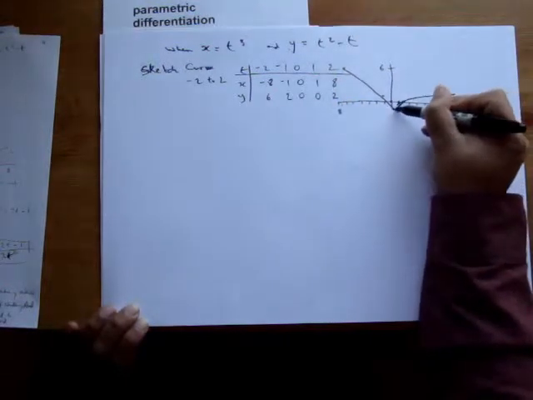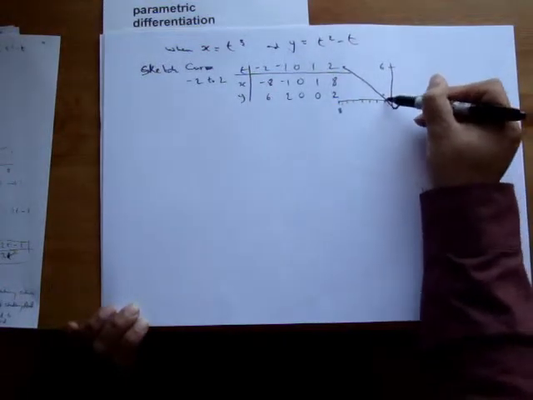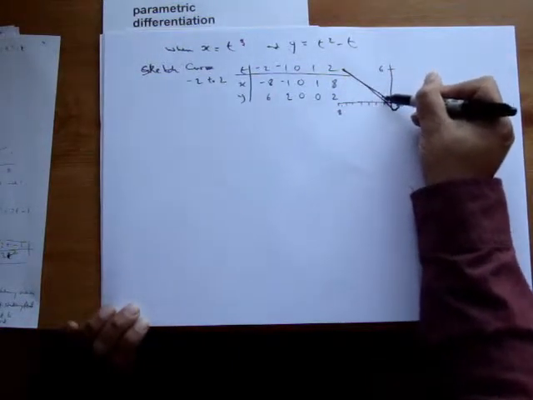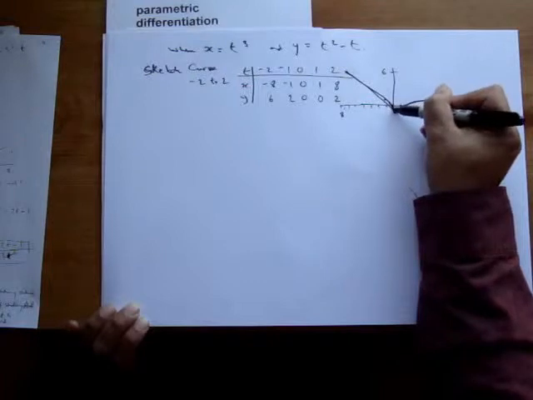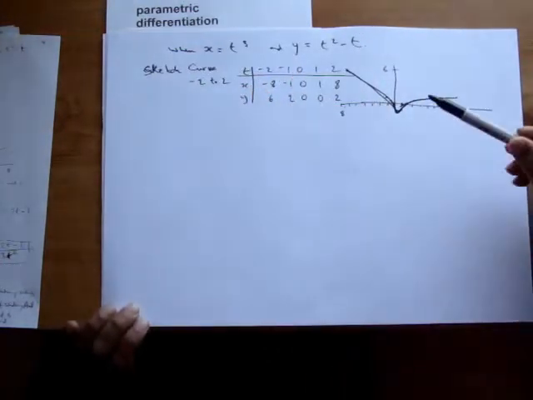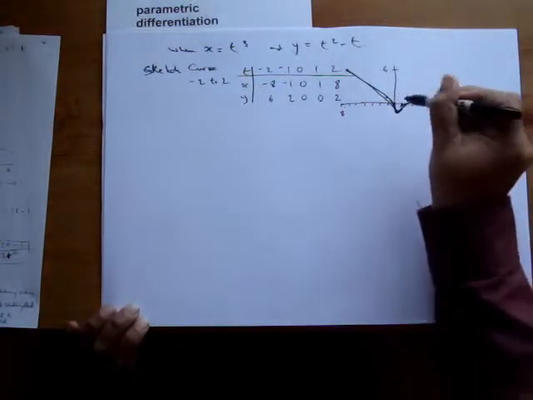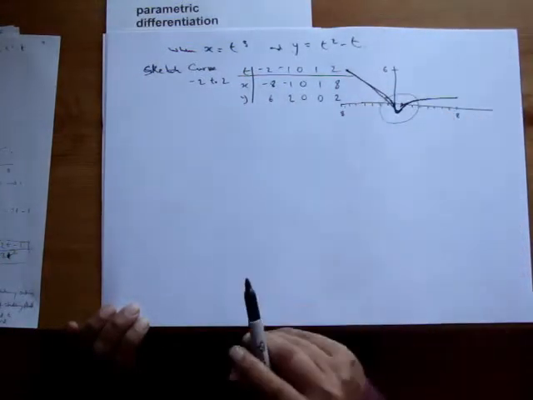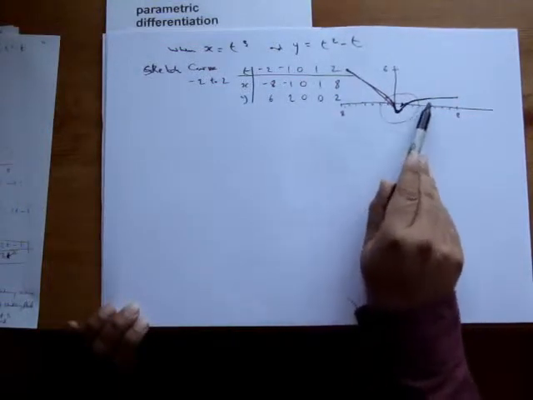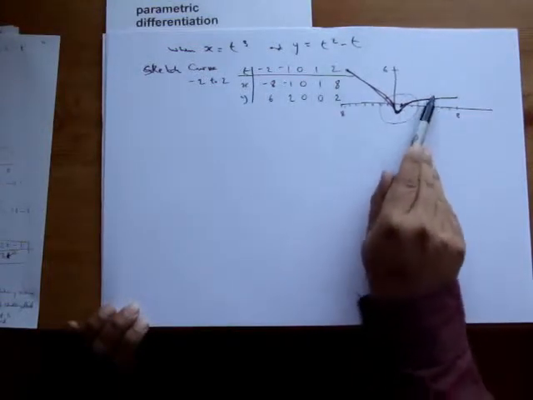Oh, sorry, no, drew that wrong. It goes through 0, so it goes through here and then round. So pay attention to what's happening in this area here. Okay, so it's going through 0 there, going down, and the turning point is somewhere here, and then it comes back up.